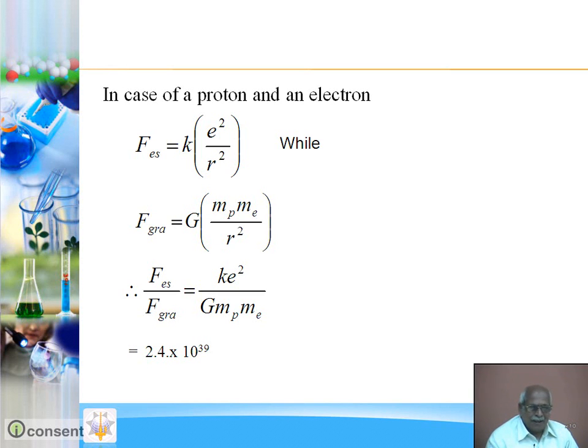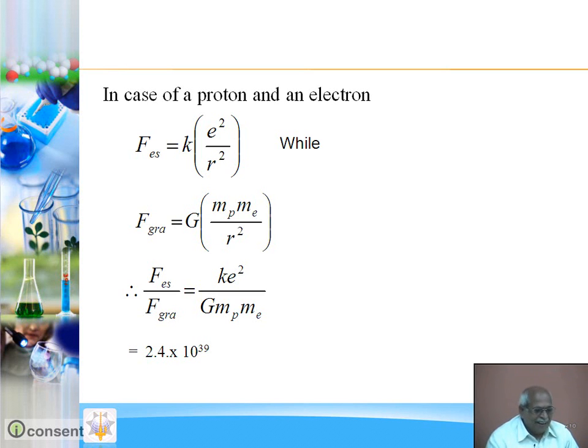Electronic charge e is 1.6 into 10 raised to minus 19 coulomb. Mass of proton and mass of electron you can find easily from any table of physical constants. After we put the values and work out the calculation, the ratio of electrostatic force to gravitational force between proton and electron comes out to be 2.4 into 10 raised to 39.